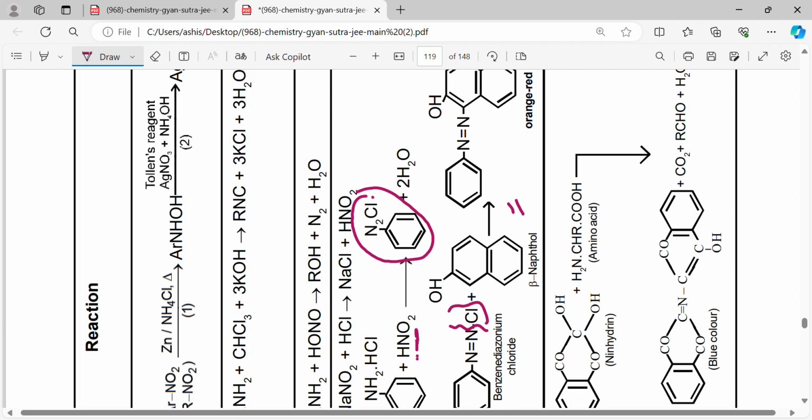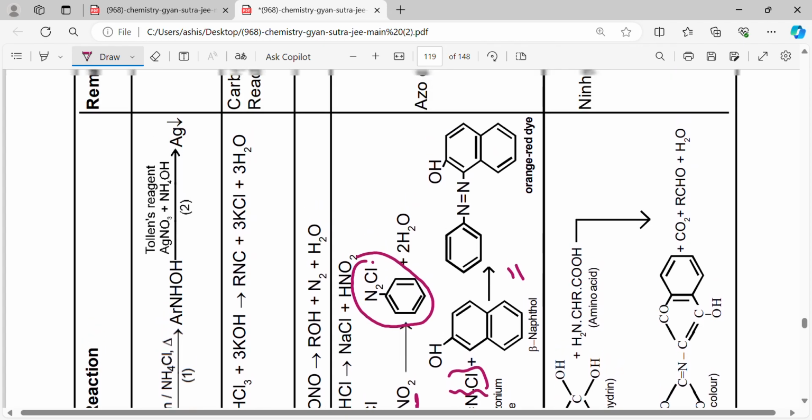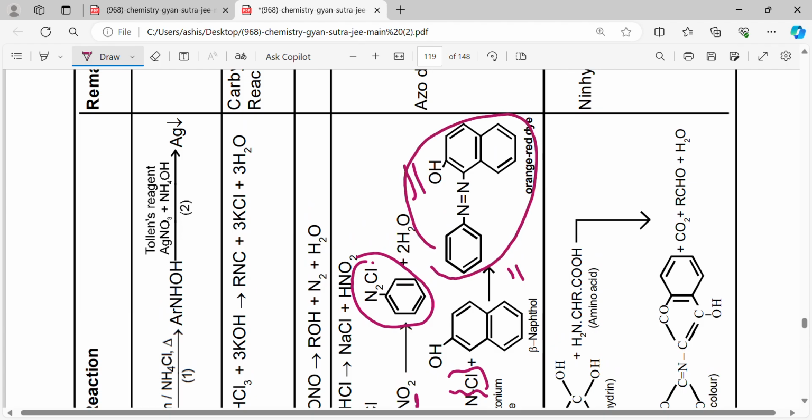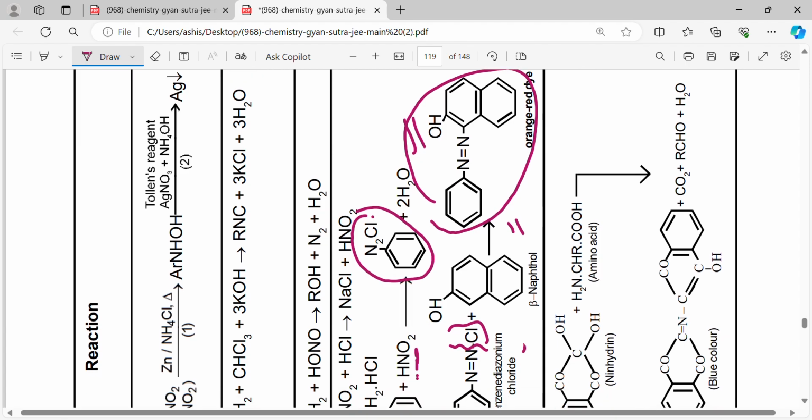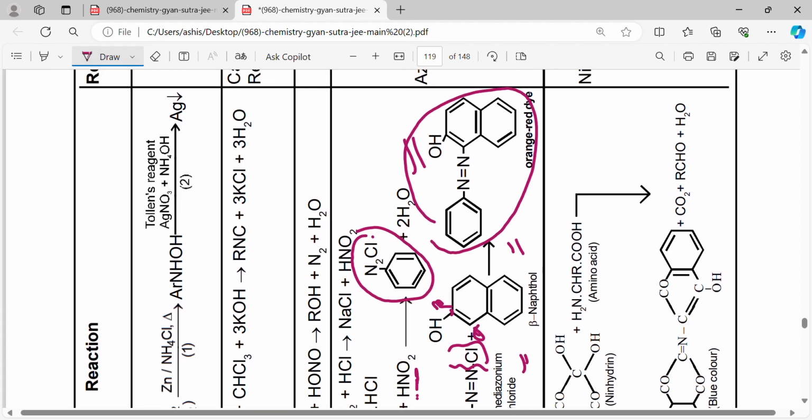Actually it is Cl, yes, Cl, and then the H of beta naphthol will be removed and substituted. So in this case we will get an orange dye. So we have to remember the structure of the orange dye as well as beta naphthol. So that is called beta naphthol. The OH is present at the beta position: alpha position, and then beta position of the fused ring.